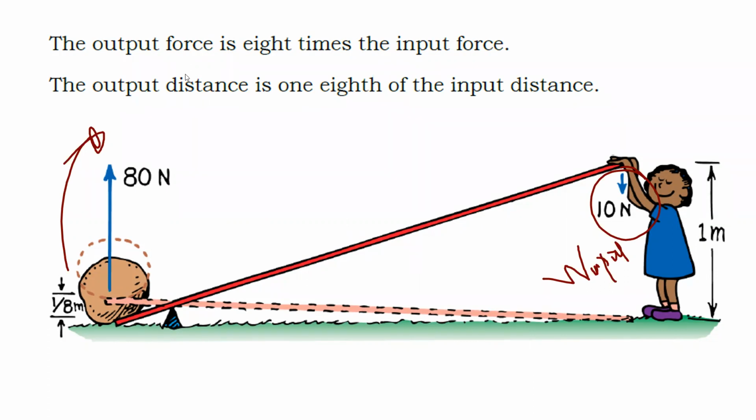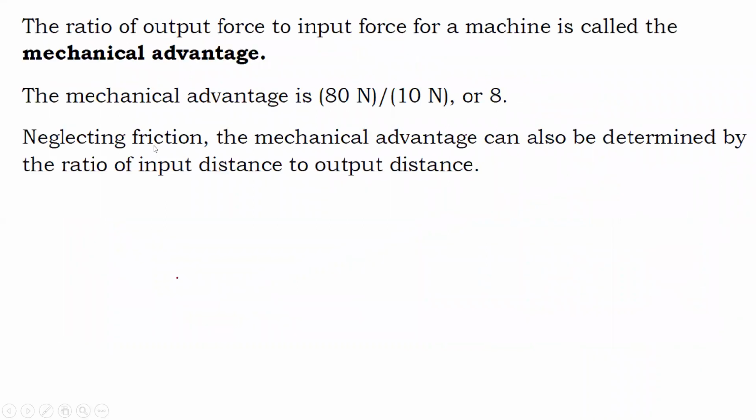Okay, thank you, teacher. Now, after that, this is introduced to find something we call mechanical advantage. The mechanical advantage is a ratio of the output force to the input force. Mechanical advantage, or MA.